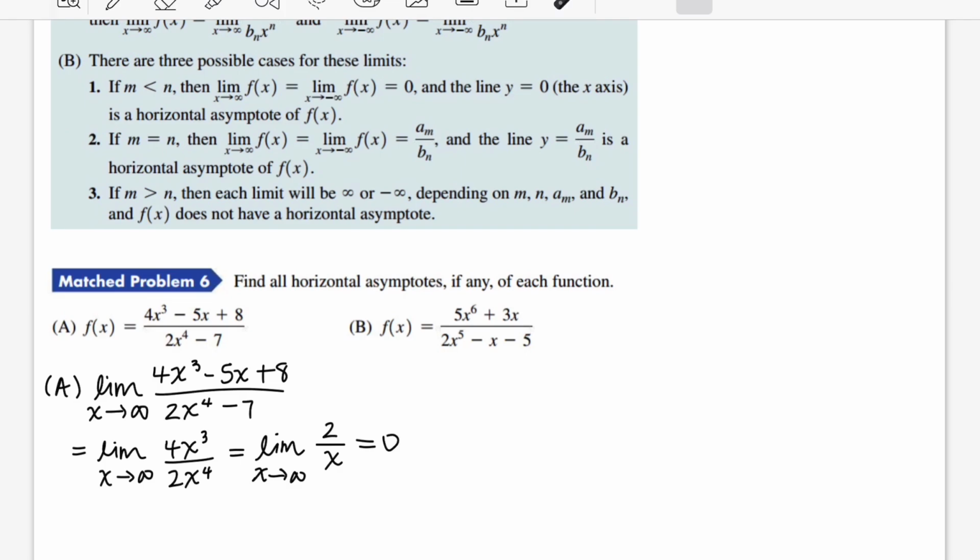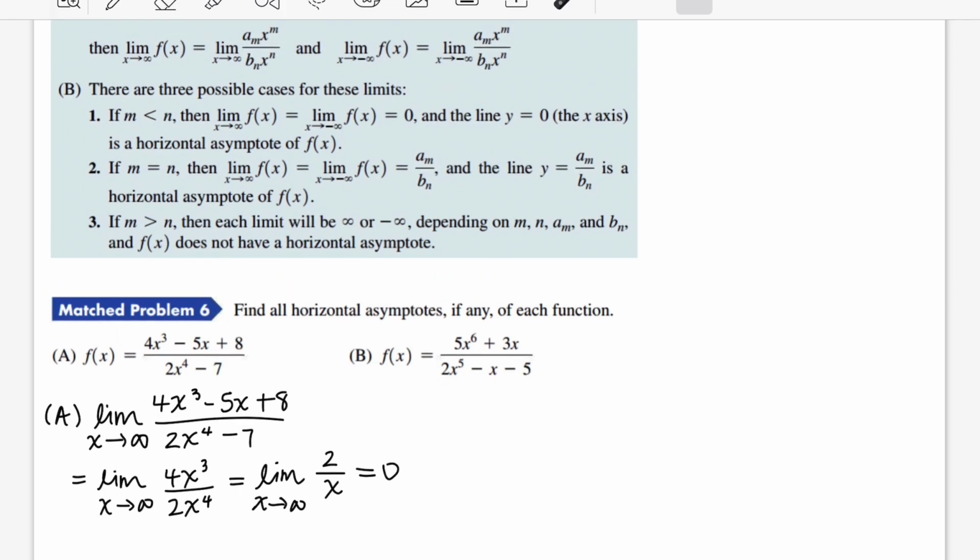And if you notice here, if m is less than n, and in our case it is, m is on the top, and so 3 is less than 4, then the limit is going to be equal to 0, and that is our horizontal asymptote. So our horizontal asymptote is the line y is equal to 0.